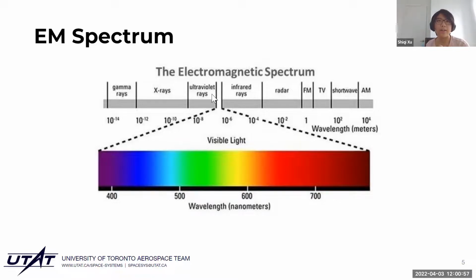IR got neatly bundled up into one thing here, but in reality, when we talk remote sensing, we care about a much more detailed breakdown. We have shortwave infrared, midwave infrared, and longwave infrared.